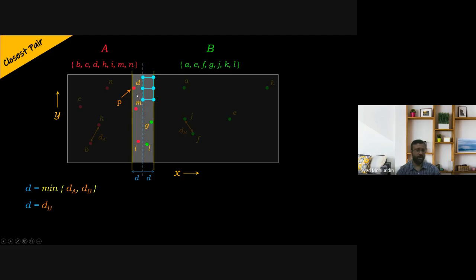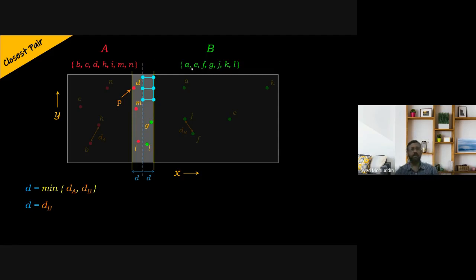If one lies there, that means the D and DB that we computed is wrong. So we don't have to compare the points among the ones which lie in the shaded A region. We only have to compare points which lie towards the shaded B region, and there will be at most 6 points. At most 6 we have to compare.